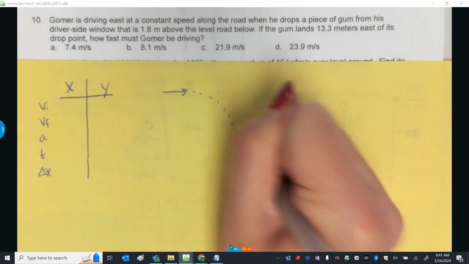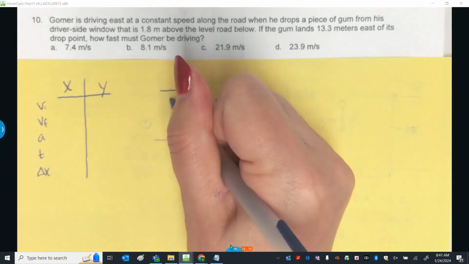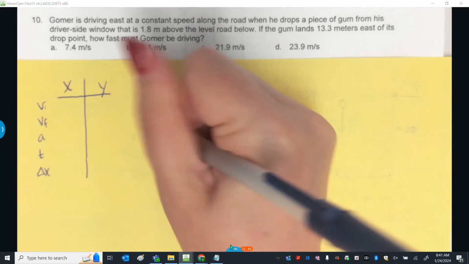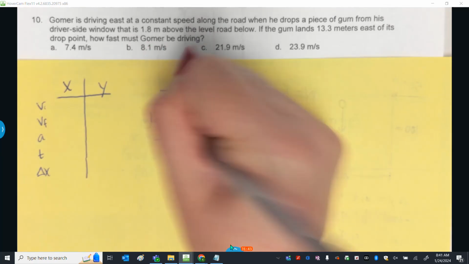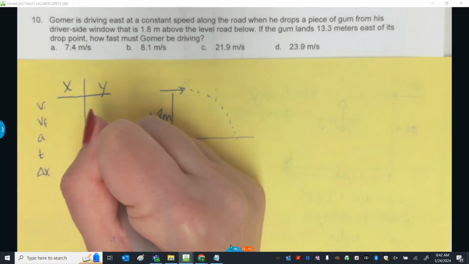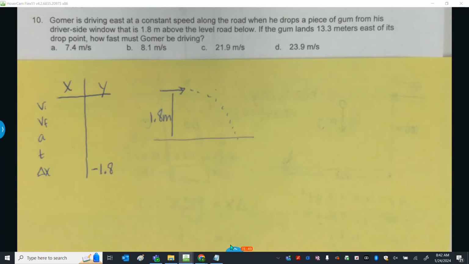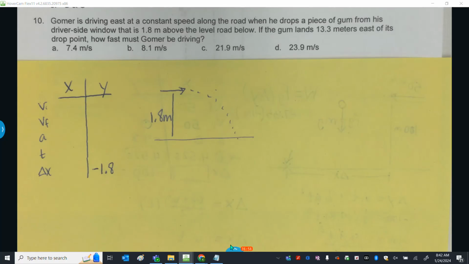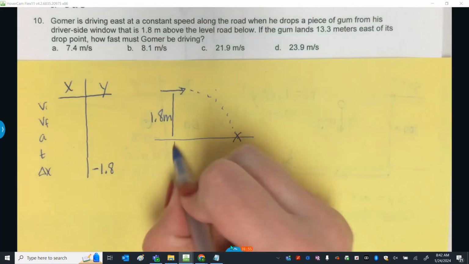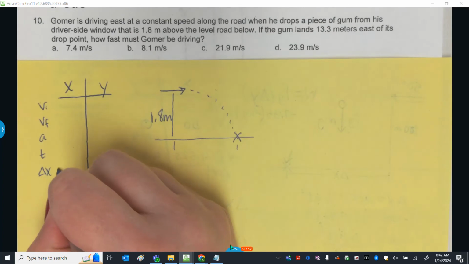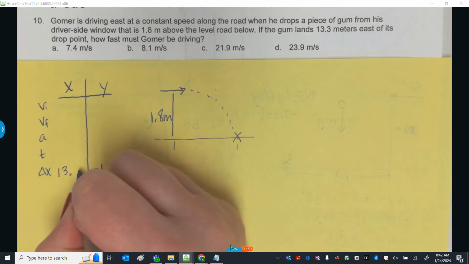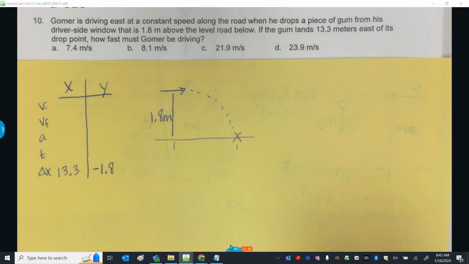It's going to fall to the ground below, and it's falling from this height of 1.8 meters. So that's going to make this negative 1.8. Okay, I know that the gum lands 13.3 meters east of its drop point. So I know how far away it lands from where it was dropped. That's my range. My horizontal range is 13.3 meters.